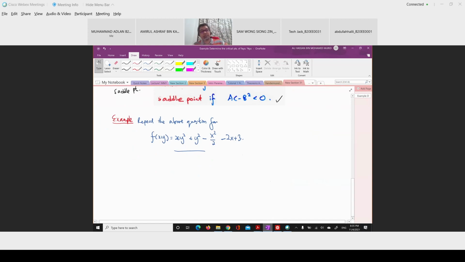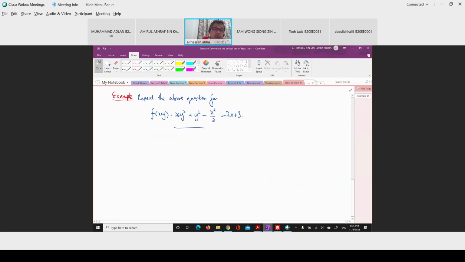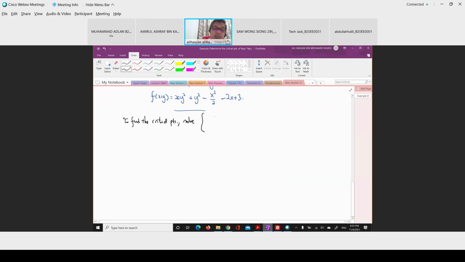Okay, now repeat the previous example for this function. We want to find the critical points. We solve this system: f partial x equal to 0, f partial y equal to 0.